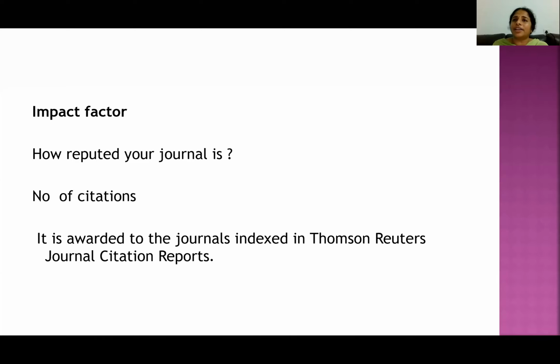So the INTERHEART study is a very good study on risk factors of coronary artery disease.